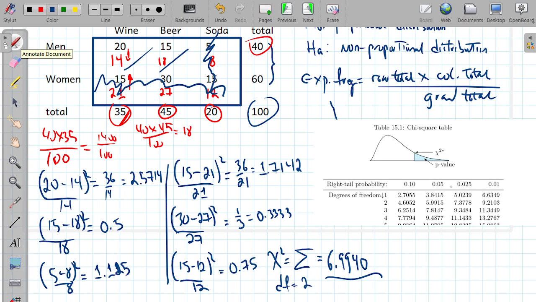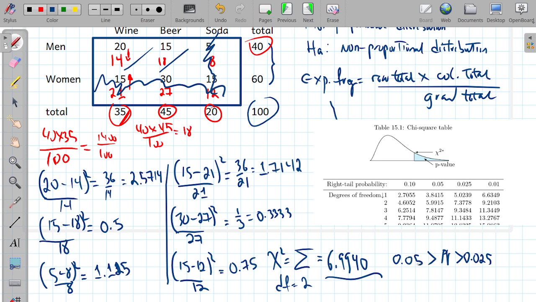Anyhow, that means the p-value, if this is where our test statistic lies, has to be smaller than 0.05, but bigger than 0.025. So the p-value is greater than 2.5%, but smaller than 5%.